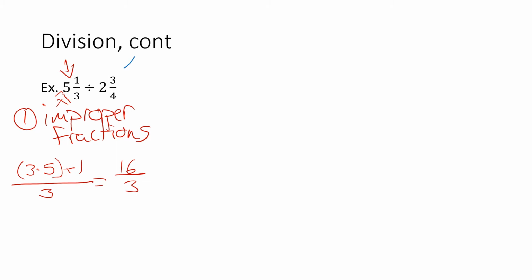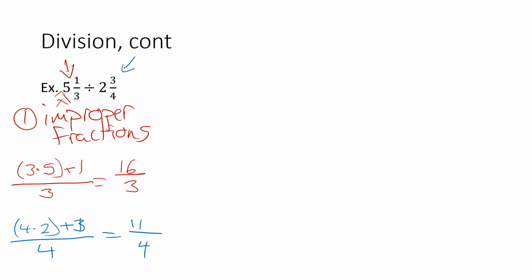Okay, next one, let's do 2 3/4. So denominator times whole number, 4 times 2, plus numerator, plus 3, all over the denominator. 4 times 2 is 8, 8 plus 3 is 11, and keep our denominator, so 11/4.